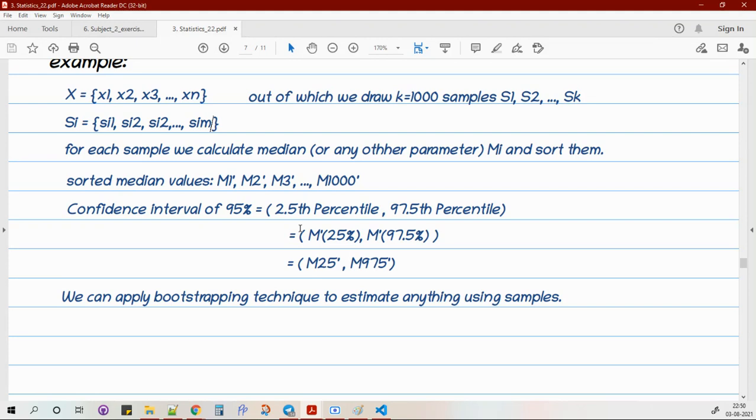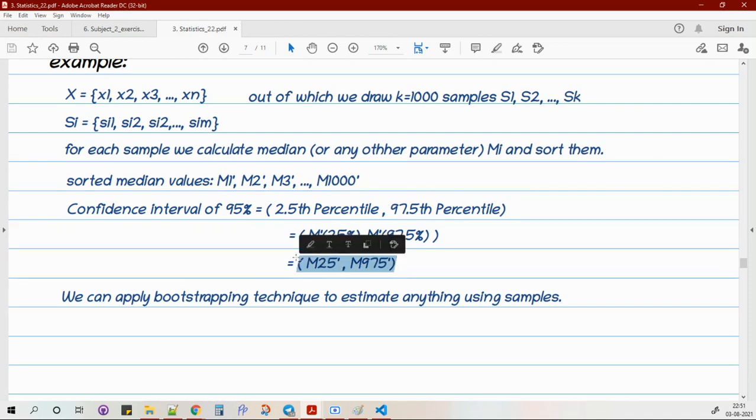If I sort the 1000 values in ascending order, my 25th term is my 2.5 percentile, and my 975th term is my 97.5th percentile.